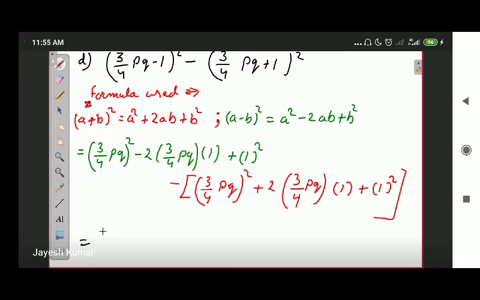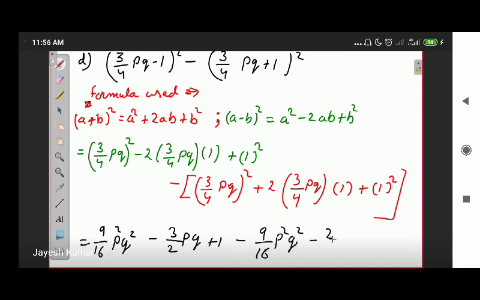Okay, so this will be 3 by 4 pq. If we make that simplified, 3 by 4 squared is 9 by 16, not 16 by 9, 9 by 16 p square q square, minus 3 by 2 pq plus 1, minus 9 by 16 p square q square minus 3 by 2 p cube.